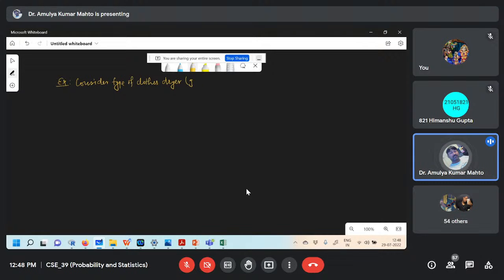It may be gas dryer or electric, purchased by each of 5 individuals.